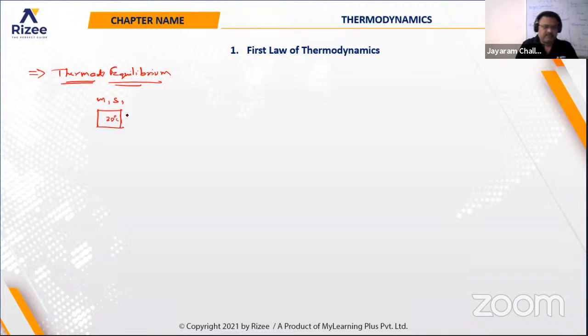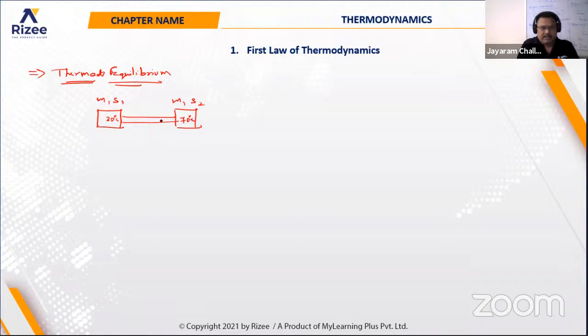Let us take it like this, and this is connected to another container where the mass is m2 and the specific heat is s2, where its temperature is around 70 degrees centigrade.